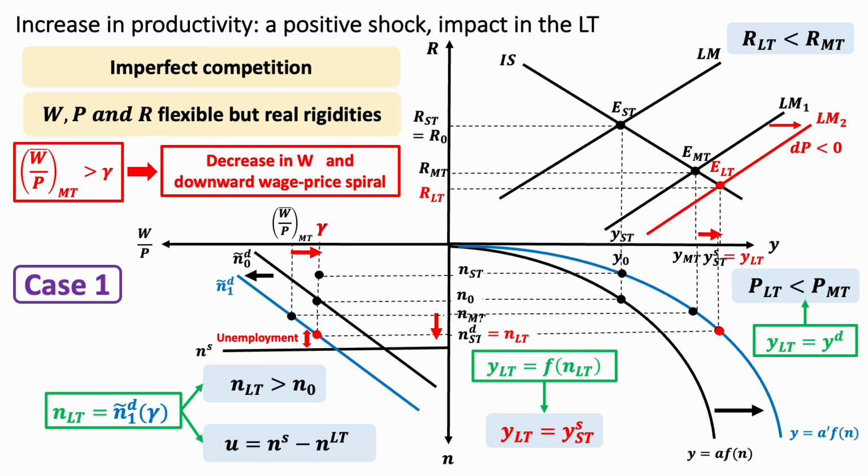Overall, we can say that the effects of technical progress spread in the economy through the decrease in prices that we observe in the medium term at first, and then again through the decrease in prices that we observe in the long term.